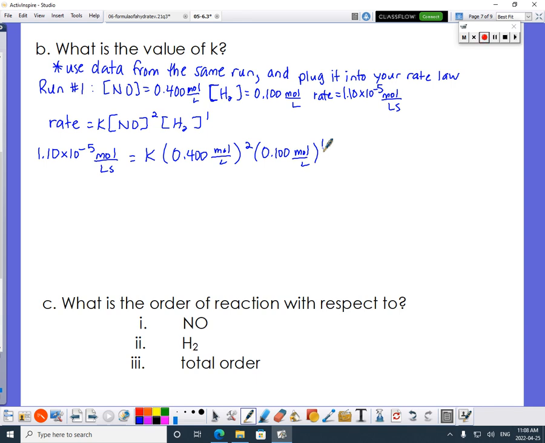So you can, again, decide how you want to solve for this. Maybe you like to rearrange before you do any math. Maybe you want to figure out what this is and then divide. It's up to you, okay? k is our unknown. It's our x.